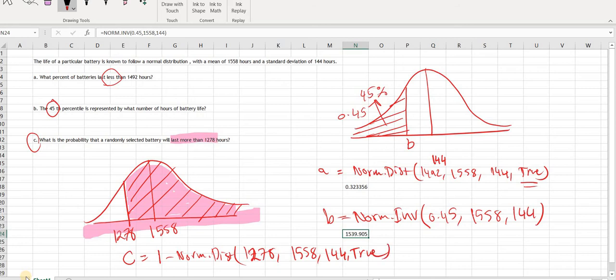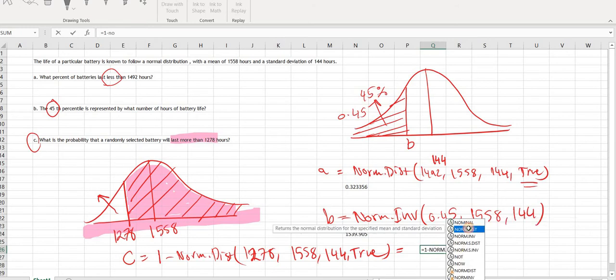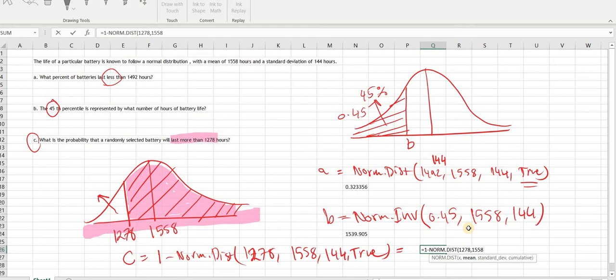The reason is that the entire thing, 1, minus the area to the left, will be equal to the pink area, which is the area we are interested in. I'm going to compute this really quickly here. So this is equal to 1 minus NORM.DIST of 1278, 1558, 144, true.